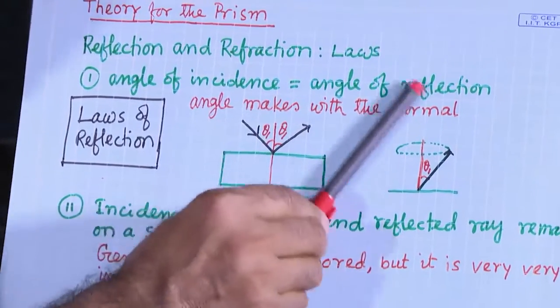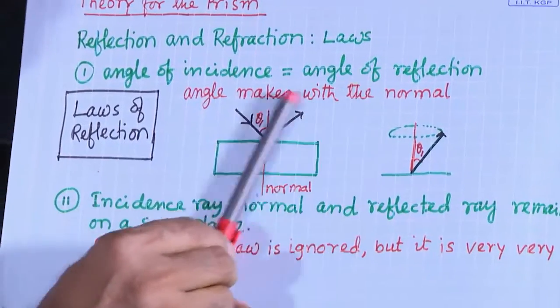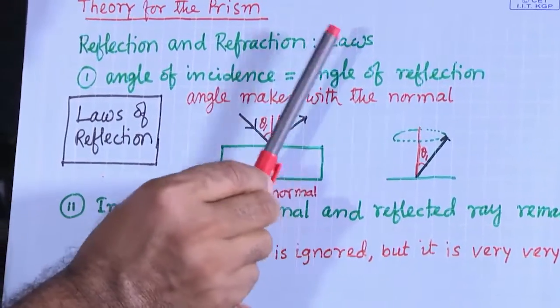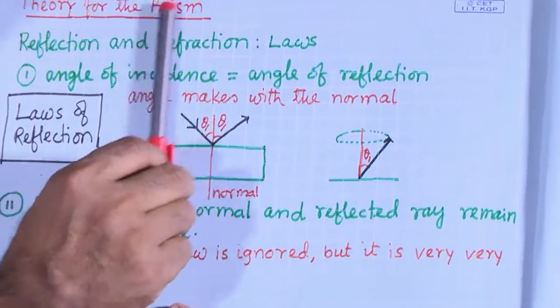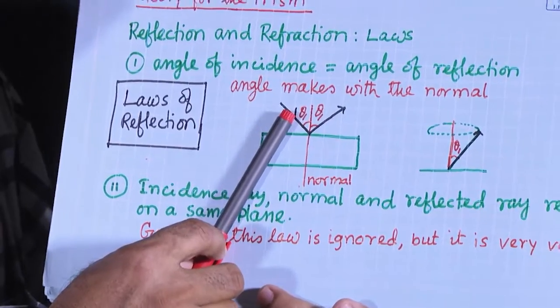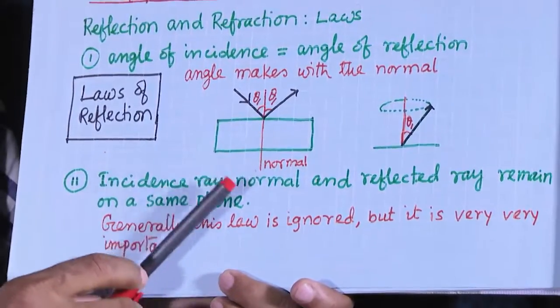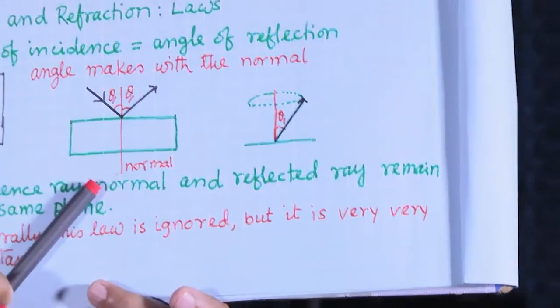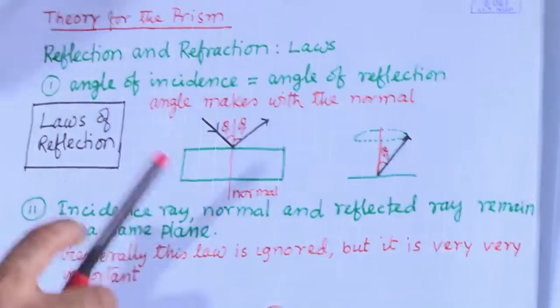This is called the plane of incidence, in this case the plane of paper is the plane of incidence. So this second law is very important, although it is ignored.